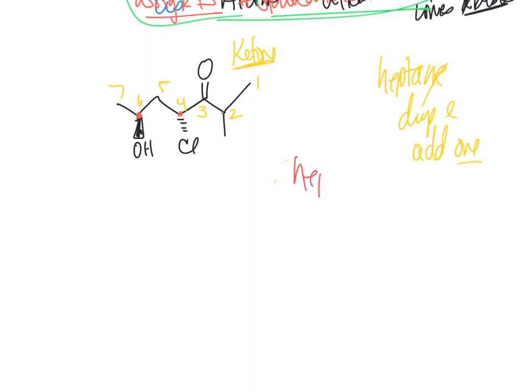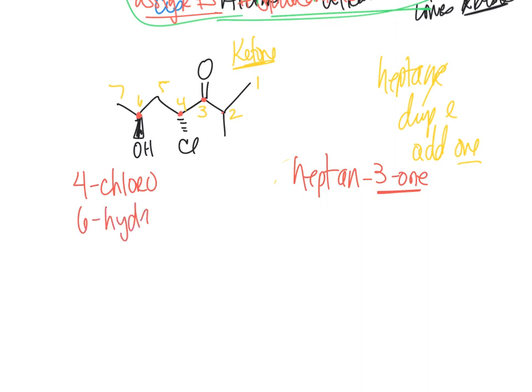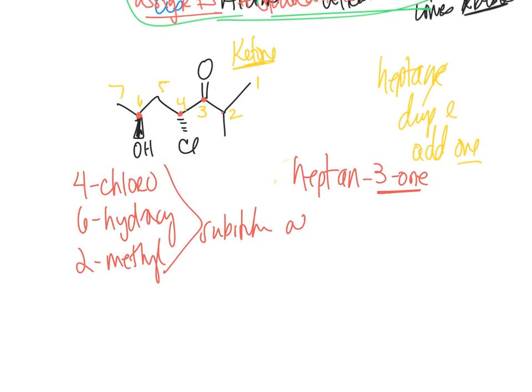So heptan-3-one. That tells you where your ketone is. And then you have a substituent, 4-chloro, and then you have a 6-hydroxy, and you also have a 2-methyl. Okay, so those are your substituents, and you're going to have to put those in alphabetical order.